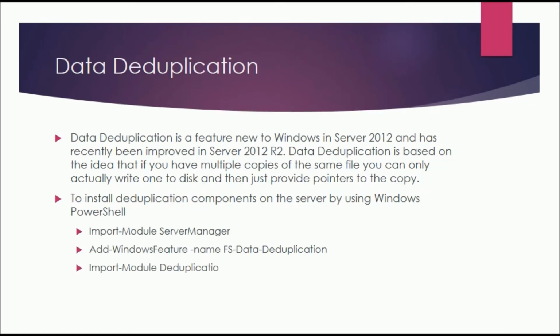The next and the last feature which we are going to talk about is data deduplication. Data deduplication has been around for a while now, but this is a great feature of Windows Server 2012. You know how a lot of people basically have the exact same files that they are storing, but it takes up the same amount of space.